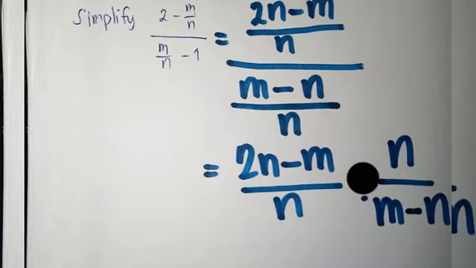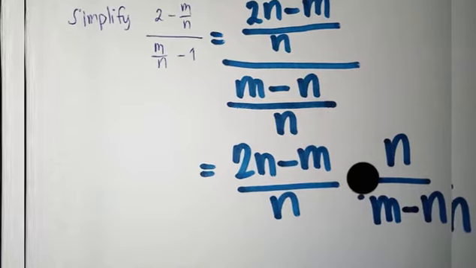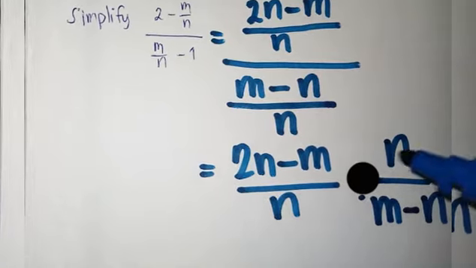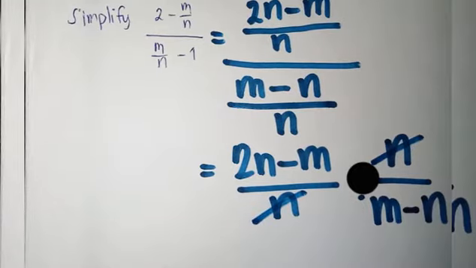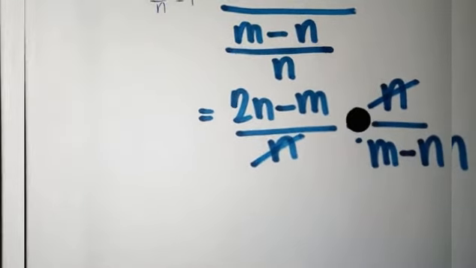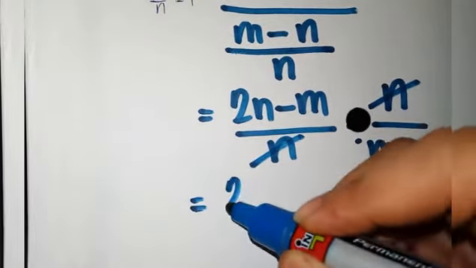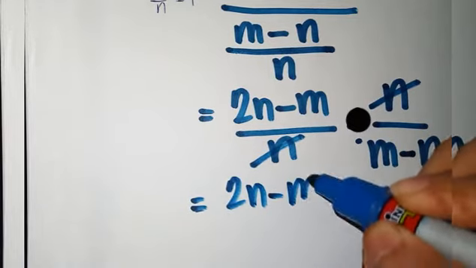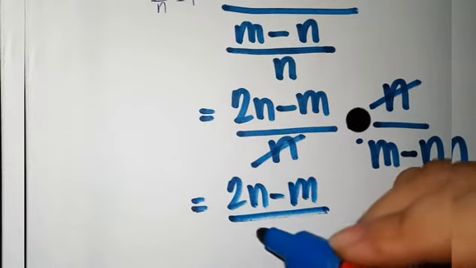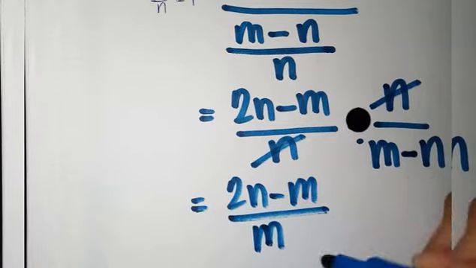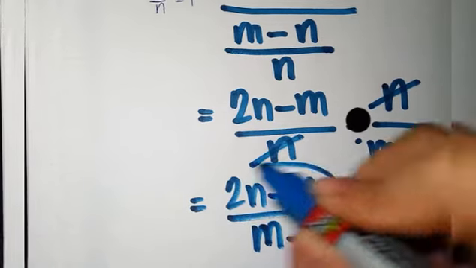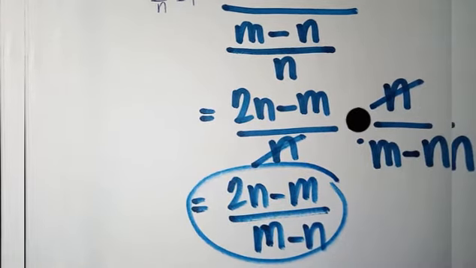Kung papansin ninyo, meron na tayong pwedeng i-cancel dyan, which is the n. Yung naiwan na lang, we have now 2n minus m all over m minus n. So, ito na ngayon yung ating sagot.